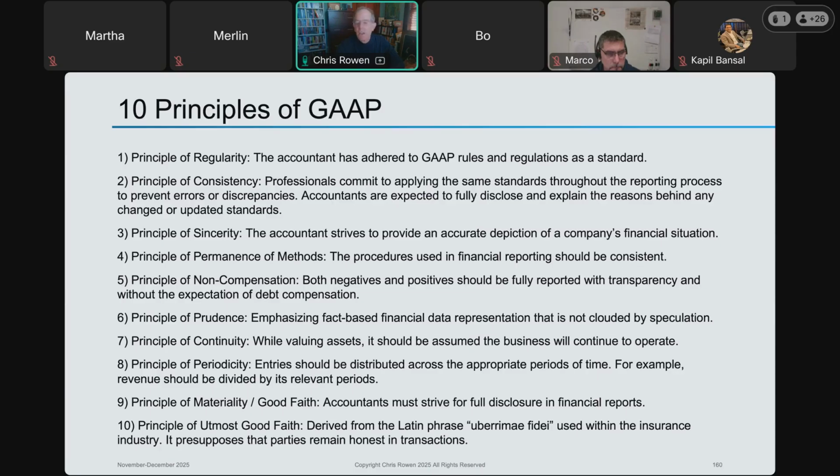This isn't just a question that goes to the accounting team or the finance team. It ultimately comes directly back to the leadership, to the CEO, because he or she is the ultimate representative of the values and principles at work. And so if someone is being dishonest in the company, that's the CEO's problem.